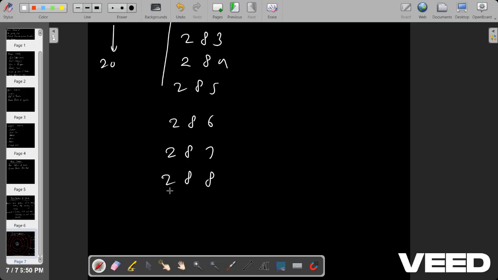Then you are up to 18 electrons. The 19th one is 2, 8, 8, 1. Then 2, 8, 8, 2. Up to 20 only, right?